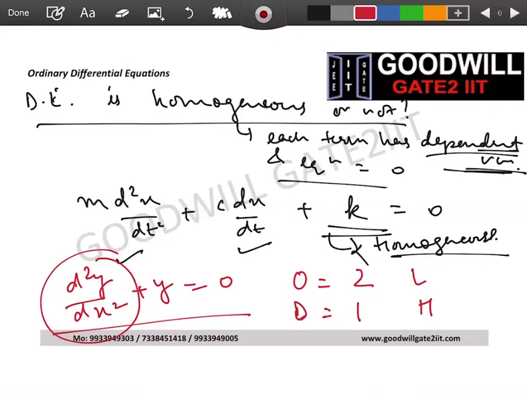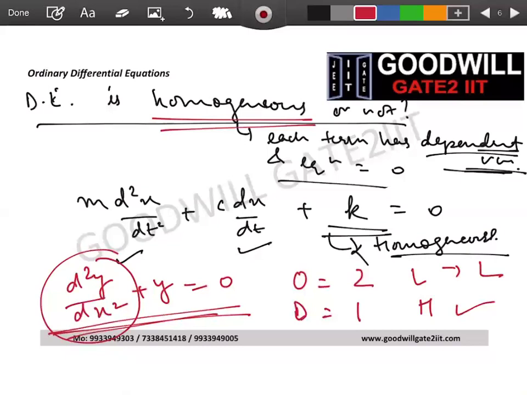Then whether it is linear or not: yes, it is a linear differential equation, and it is also a homogeneous differential equation.